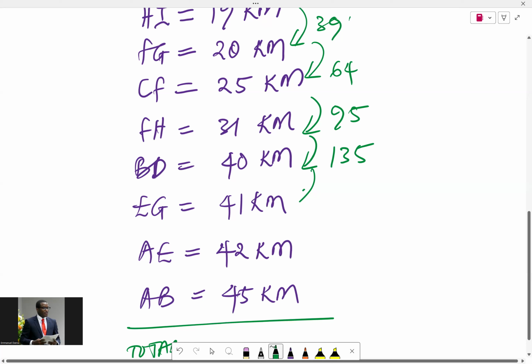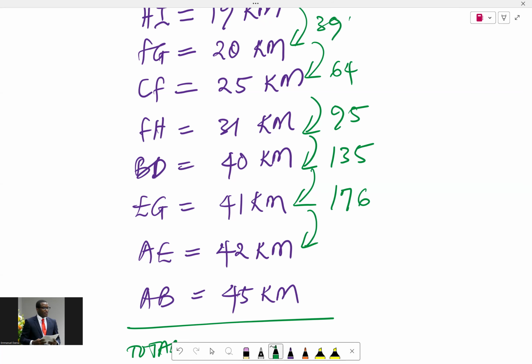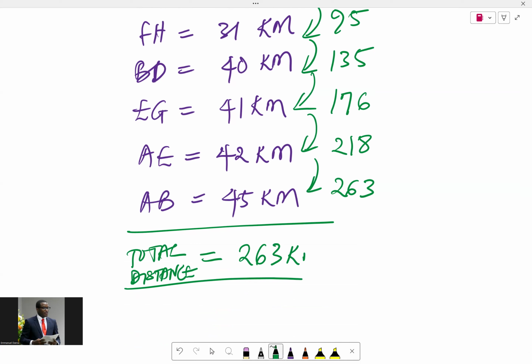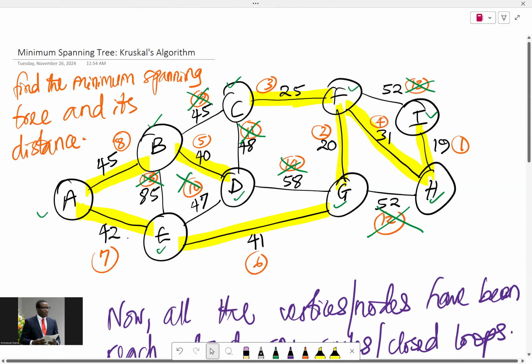Then 135 plus 41 is 176. Yep, 176. Okay. 176 plus 42, that is 218. 218 plus 45 is 263. So the distance for the minimum spanning tree is 263 kilometers, just like what we got under Prim's algorithm. So the two algorithms will give us the same results, and that's what we have.